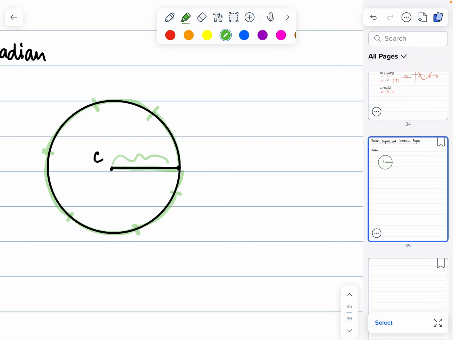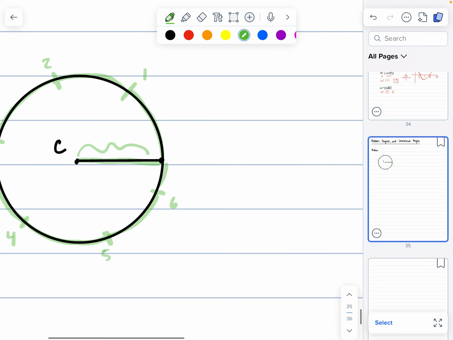So this radius would travel around 6 times. So this is 1 radii, 2, the 3rd, the 4th, 5th, and the 6th. And this 6th one would be approximately, so we start at 0 radii, and then we end at 6.28 radii.